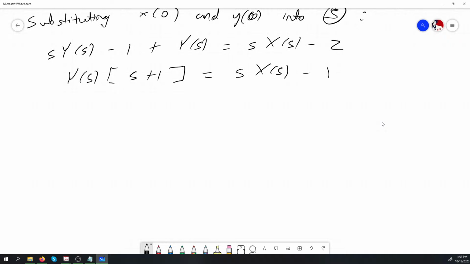And as such, we can get y of s is equal to s x of s divided by s plus 1, minus 1 divided by s plus 1.